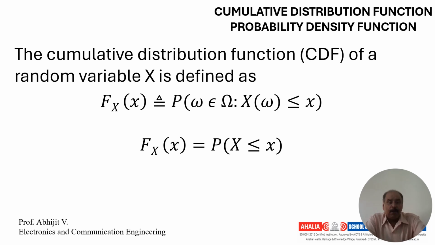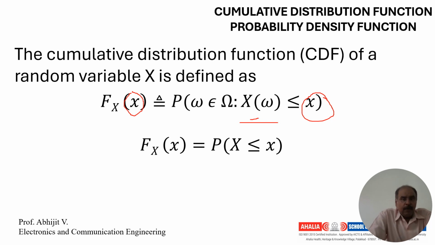So these are the two important things that you have to remember. Fx of x is the probability that the random variable falls below the value of x. Cumulative distribution function is defined as the probability of the random variable falling below the value of a particular point, denoted by x.